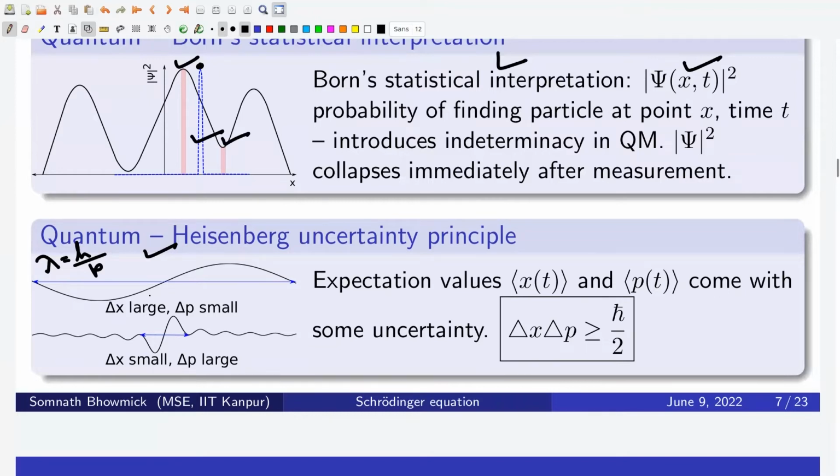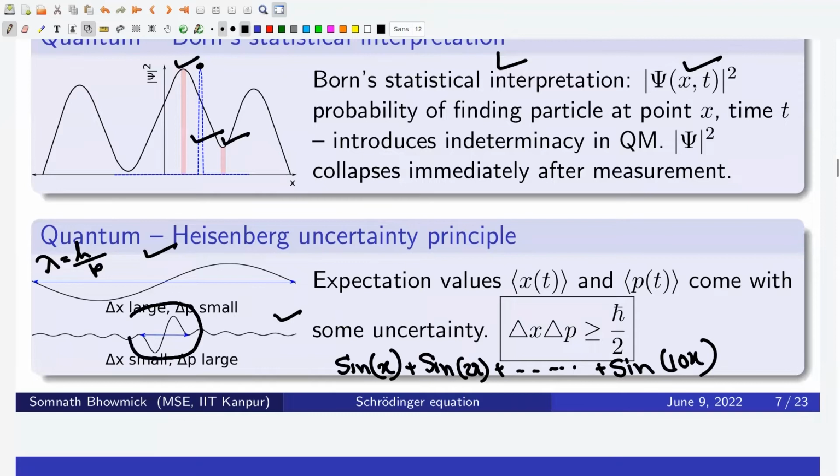The second one is a superposition of 10 sine functions. For example, if we superpose sin x, sin 2x, and so on, and take 10 such terms, we get this picture. Now, if you ask where the particle is, its position is somewhat localized.